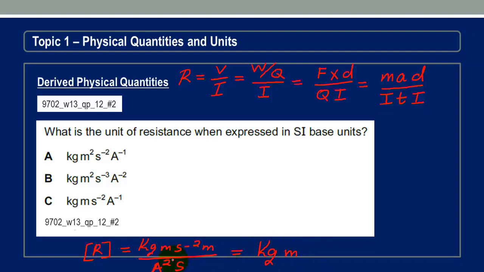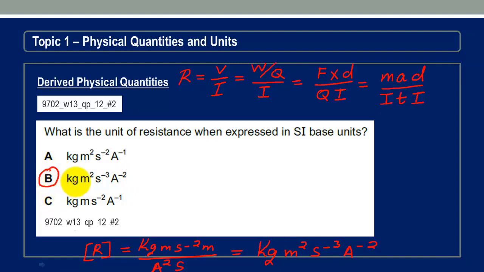Then we have meters times meters, meters squared. Then we have per second cubed. And then we have per ampere squared. Like that. So when we check the choices, kilograms, meter squared, per second cubed, per ampere squared. So the correct answer is B.